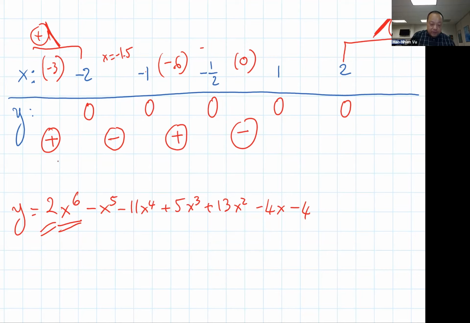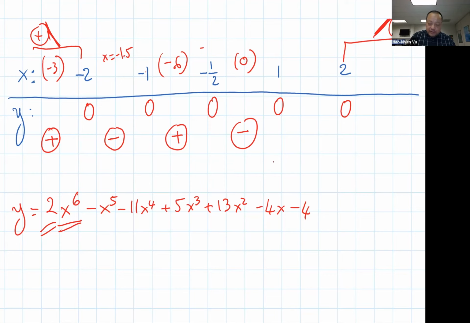So far, you see that the graph alternates positive to negative, and then back to positive, and then back to negative. You may think that it always alternates positive and negative, but no, that's not true. It does not always alternate positive and negative all the time.